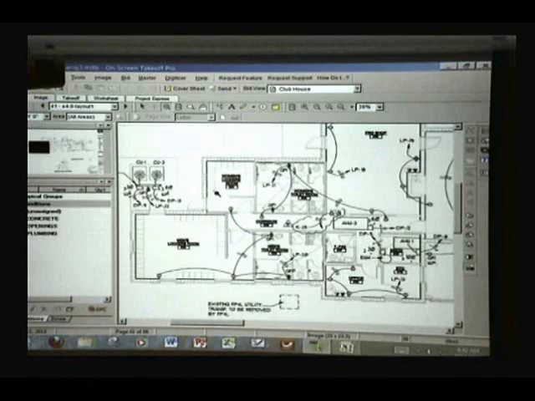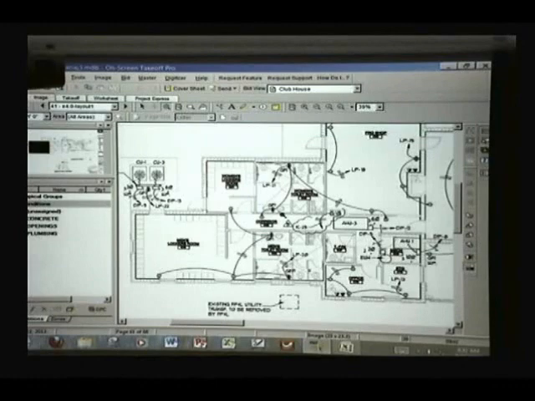This one has the receptacles, where they are, and then they have the GFIs, which are the same type of receptacles, but with ground fault protection. It has a little switch to prevent short circuits in the system.